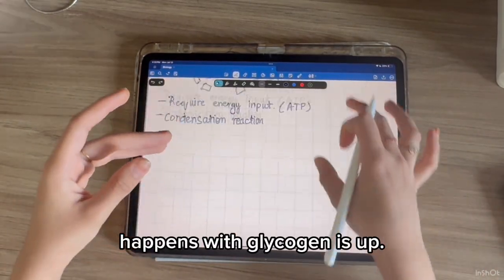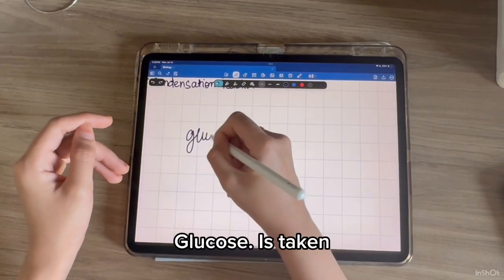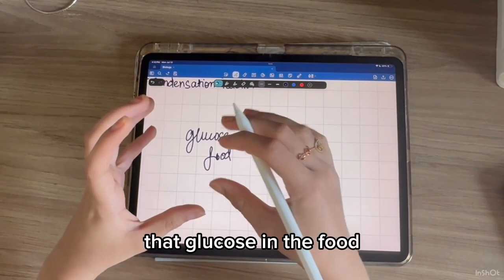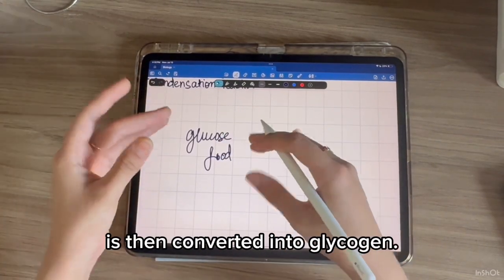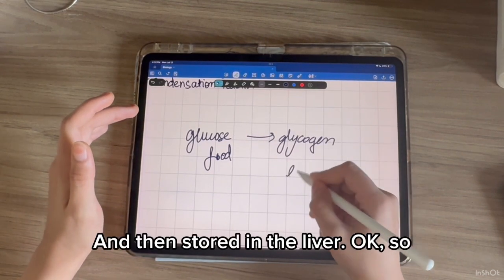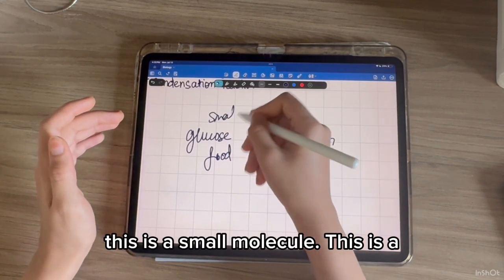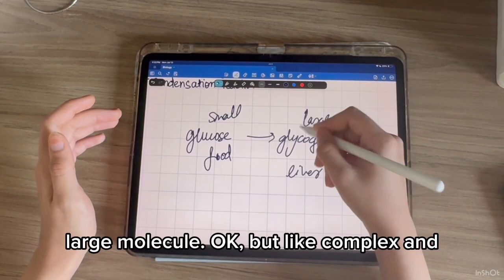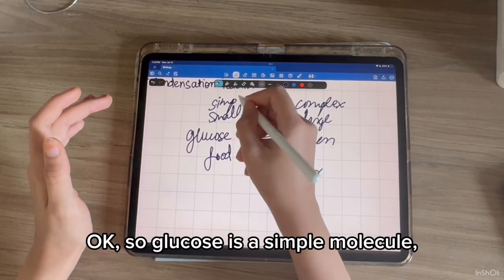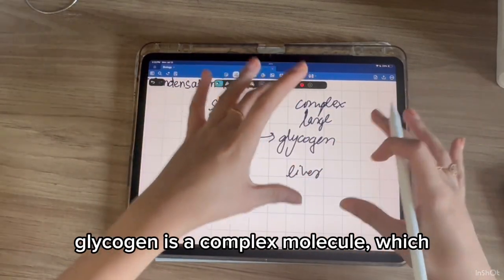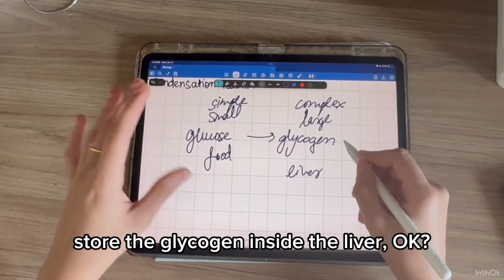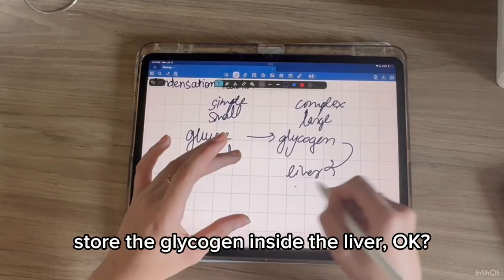Glucose is taken in using food, yes? Now that glucose in the food is then converted into glycogen and then stored in the liver. Okay, so this is a small molecule, this is a large molecule, or simple and complex is another way to describe it. So glucose is a simple molecule, glycogen is a complex molecule, which means it's larger. And then you store the glycogen inside the liver.